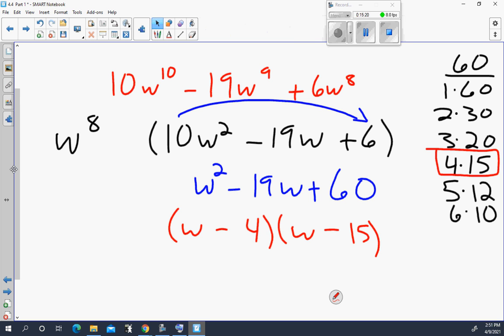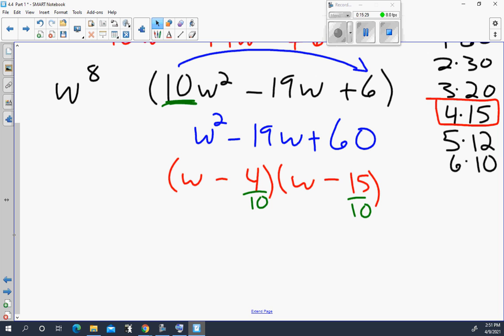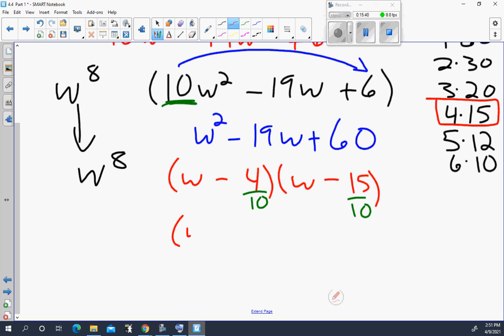And now we have to take that top number, remember, 10, and divide both these by 10. Simplify. And just so we remember, bring down that w to the 8. Okay, just so we don't forget about that. What's left in here? w minus 2 over 5 times w minus 3 over 2.